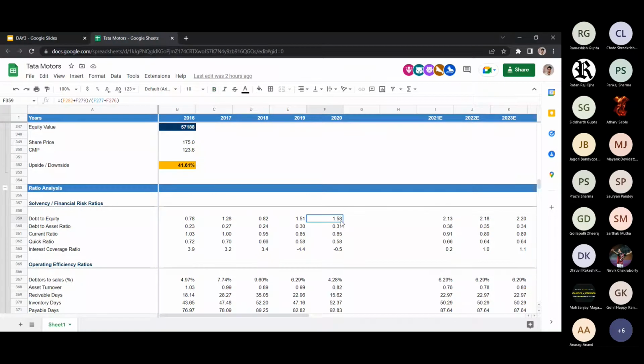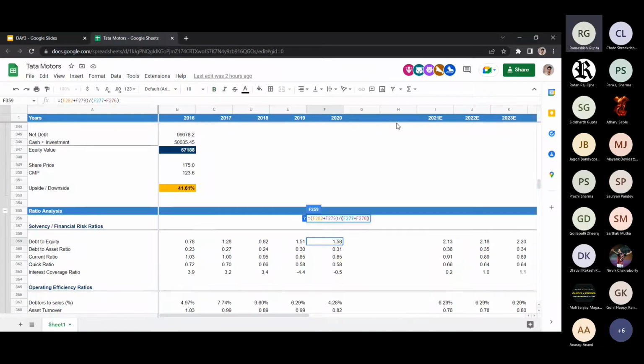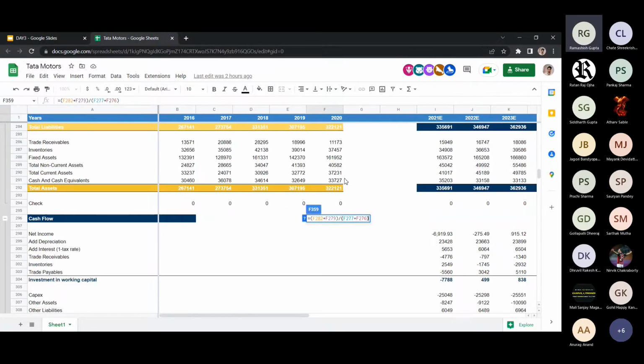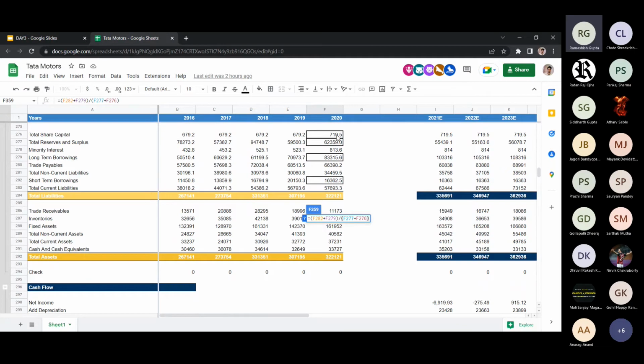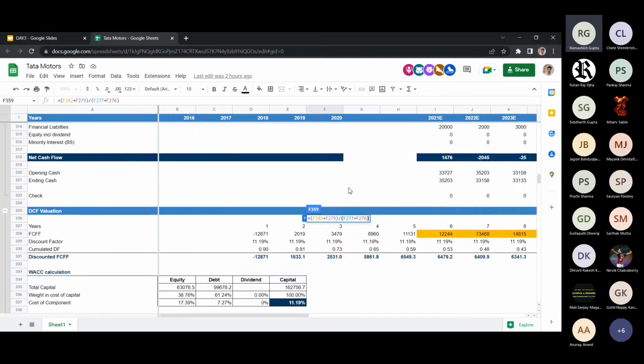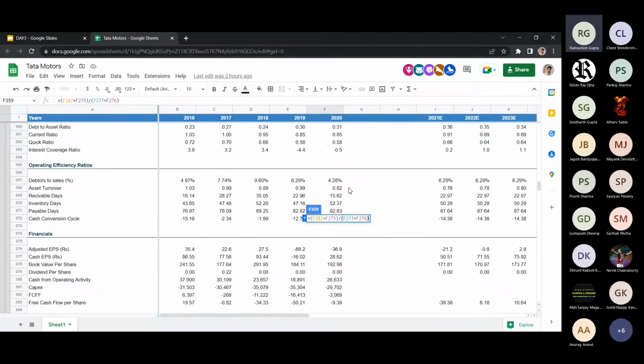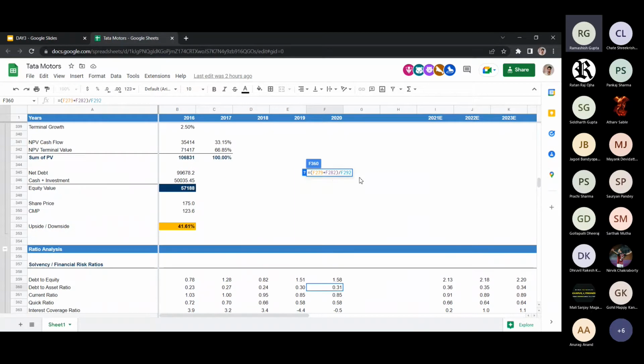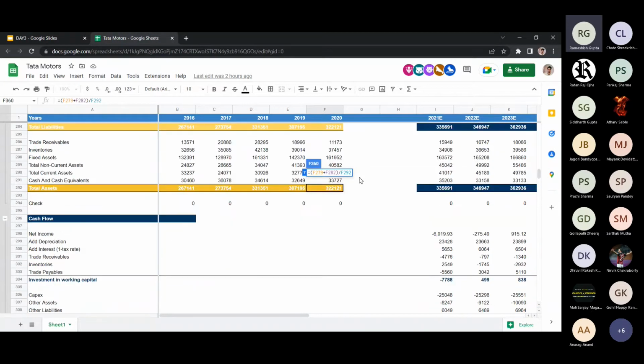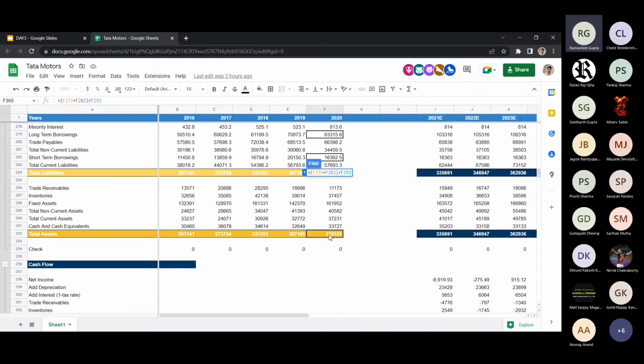For debt to equity, we will go here and take the total share capital, total reserves and surplus, and the long-term and short-term borrowings that are the liabilities, and we'll calculate this debt to equity ratio. When we go to the debt to asset ratio, we'll just take the long-term and short-term borrowings and divide them by total assets. So that is liabilities among the assets.